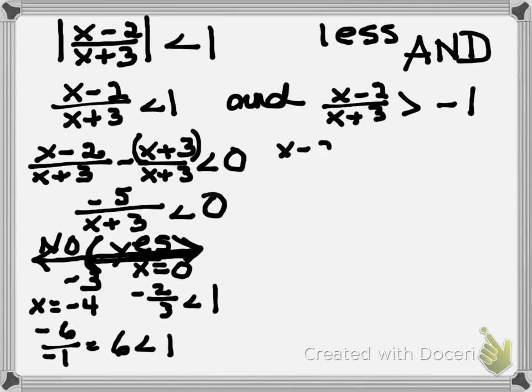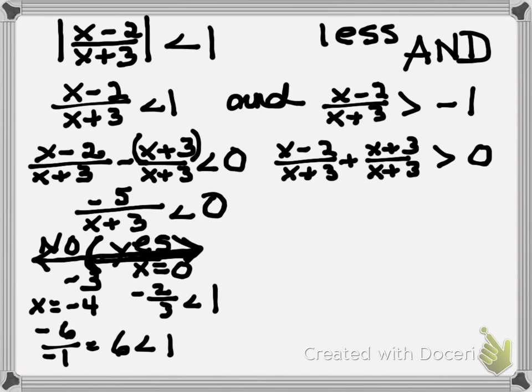I have (x minus 2) over (x plus 3), and now I'm going to add 1 to each side, and I'm going to add it as (x plus 3) over (x plus 3), greater than 0. In the numerator, I have x plus x is 2x, negative 2 and 3 is positive 1, over x plus 3.